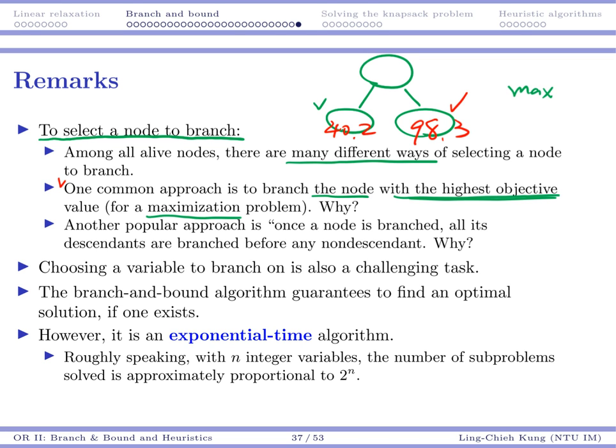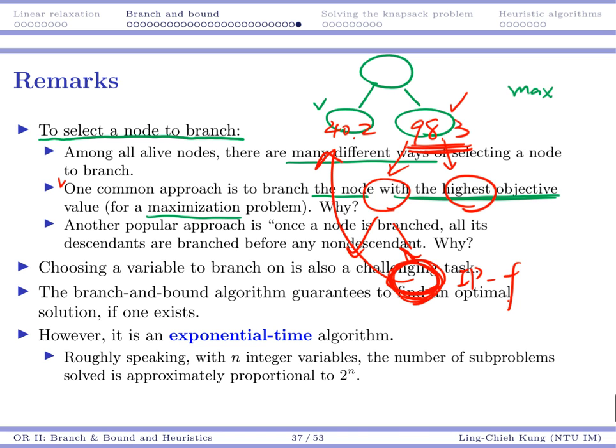The reason is that if we keep branching on the second, any IP feasible solution we may obtain is going to have a value less than or equal to 98. So it's more possible to have a solution that is better than 40.2.